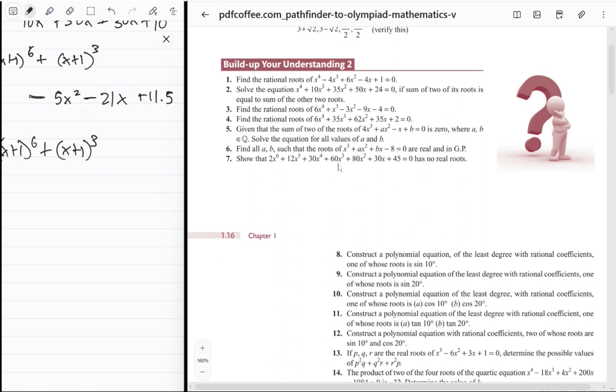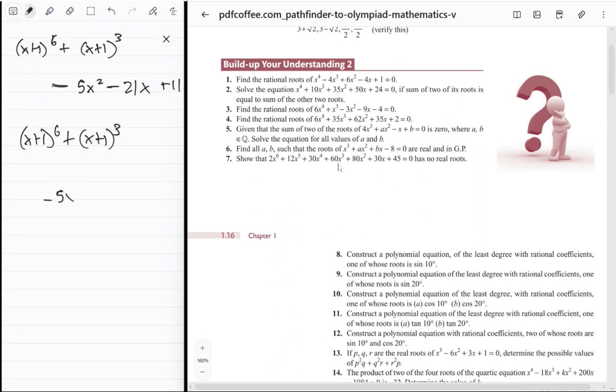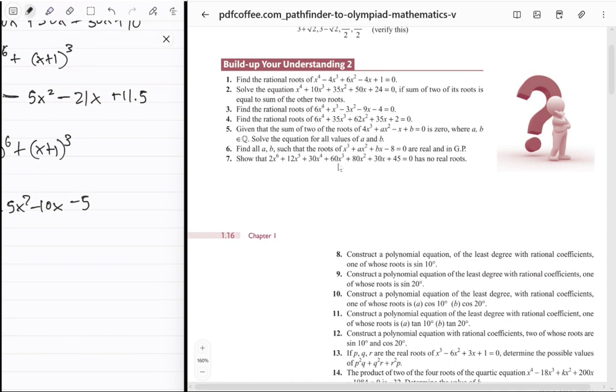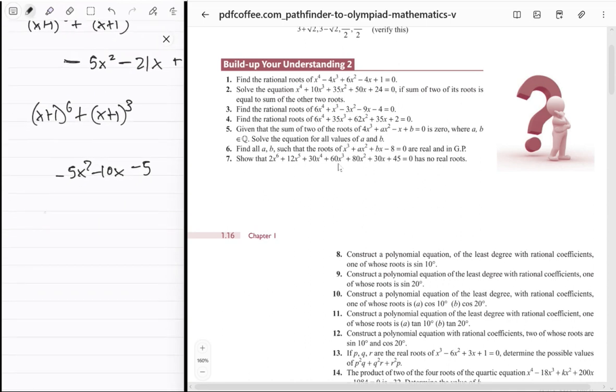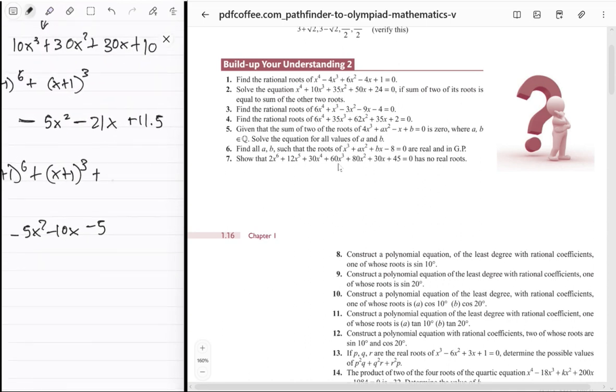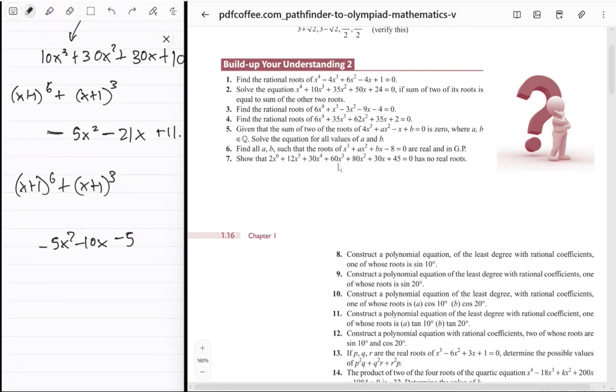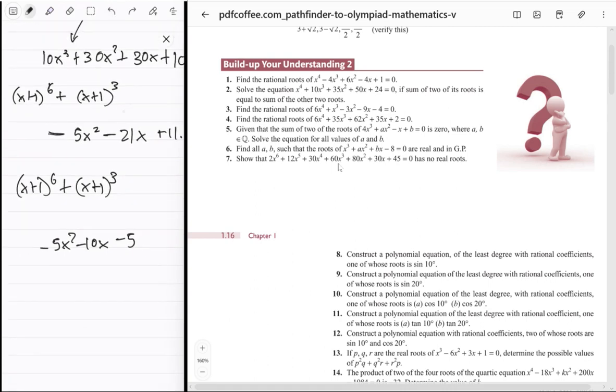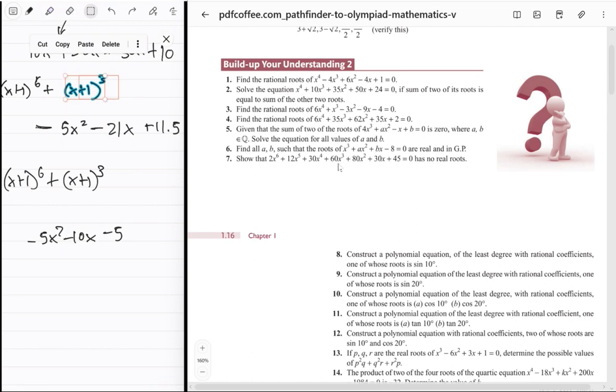Now we can write this thing as, you know what, minus 5x squared minus 10x, sorry, no, plus is supposed to be minus 5. This is what we'll take out. So it will be (x plus 1) power 6 plus (x plus 1) cubed, and by the way, it's supposed to be 10 times that. So actually it's 10 times (x plus 1) cubed, which should be the better thing to do.